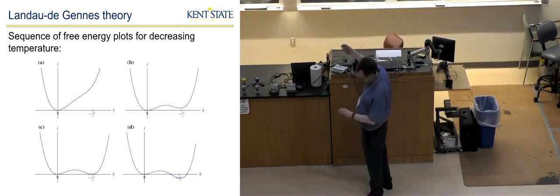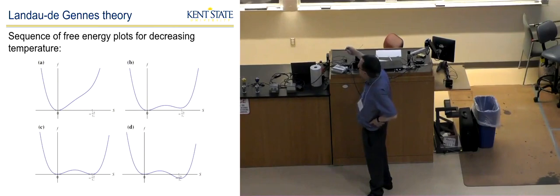Now, suppose we continue to reduce the temperature, then we reduce the quadratic coefficient. In this situation, the nematic minimum comes down. At a certain temperature, they have equal free energies. So, this is right at the balance point between isotropic and nematic.